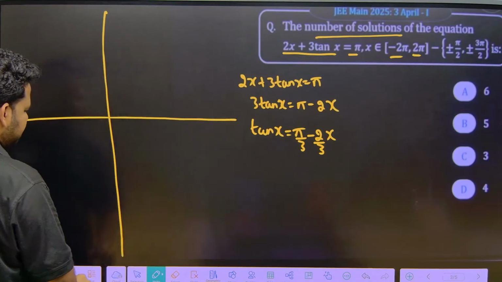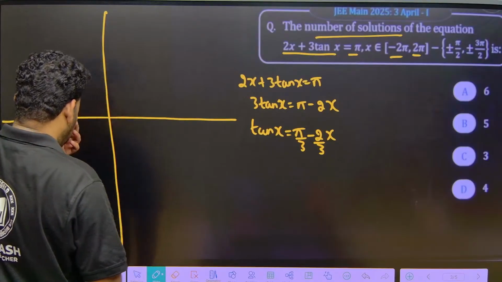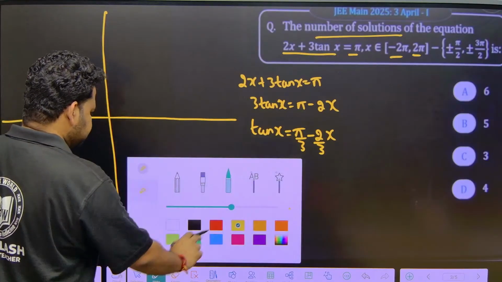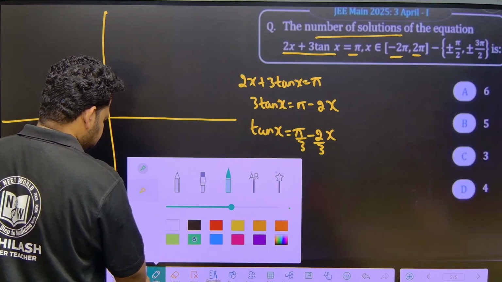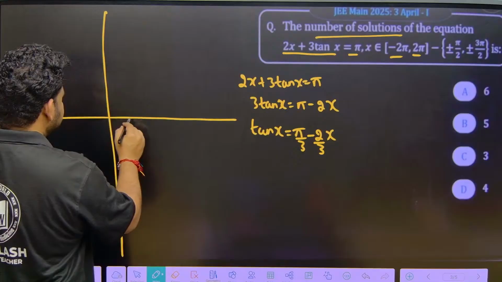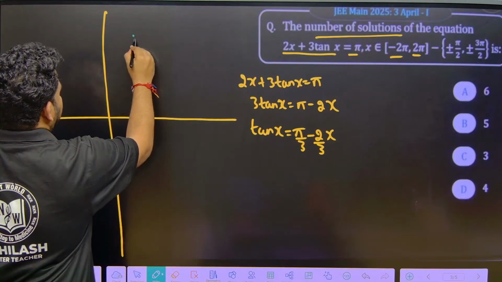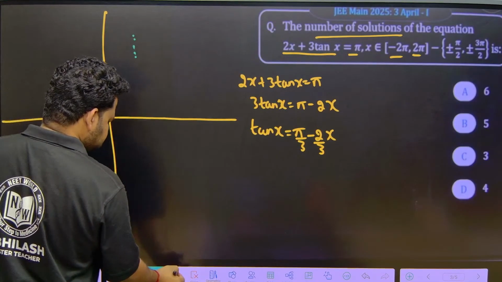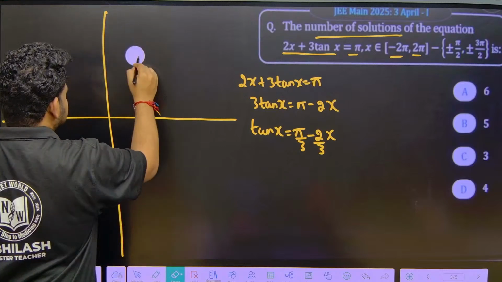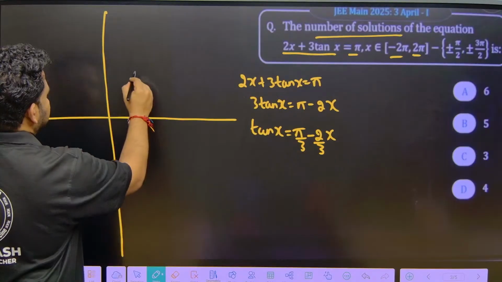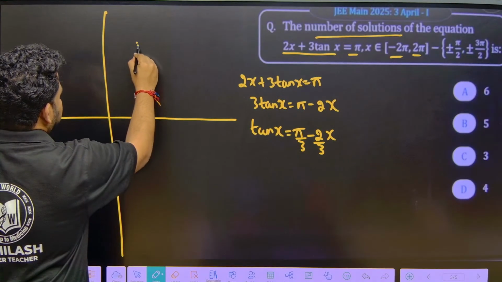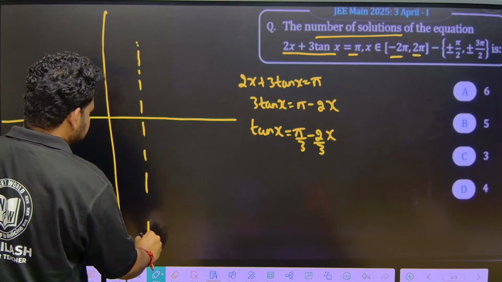So this is the tan curve we have to draw. See here, friends. This will be 0, and let me use some other color. This will be pi by 2.